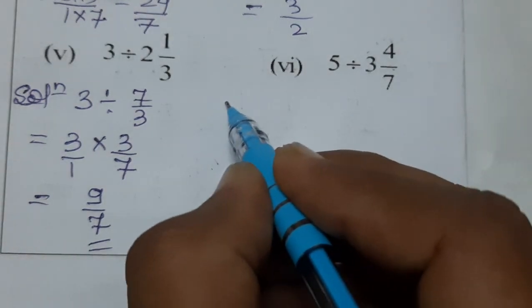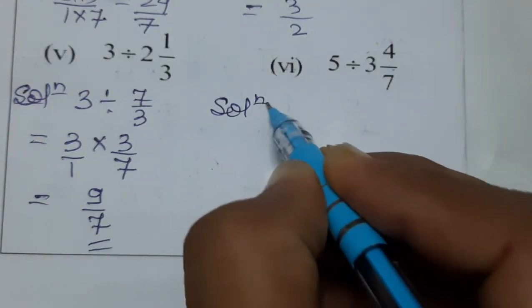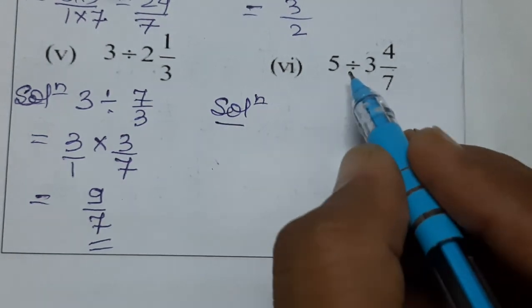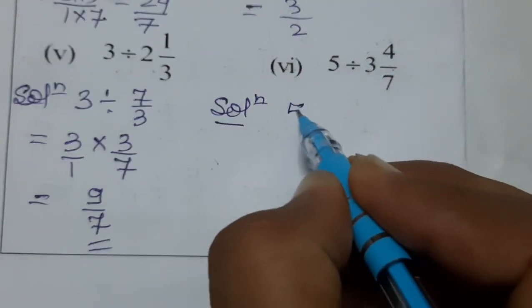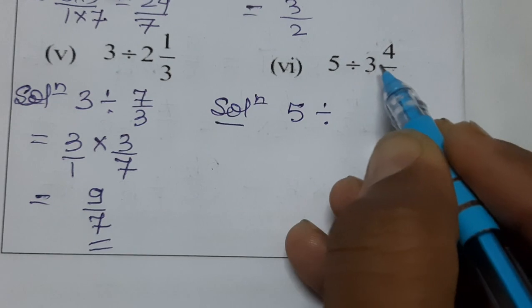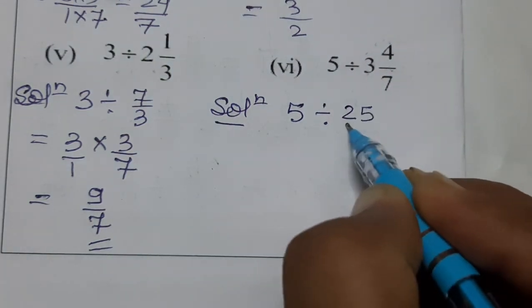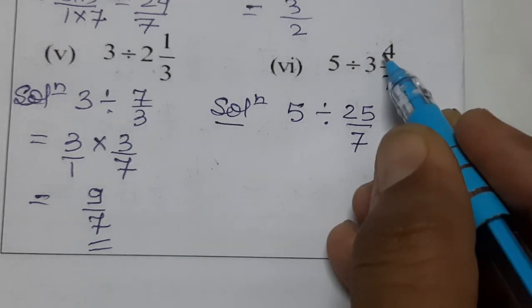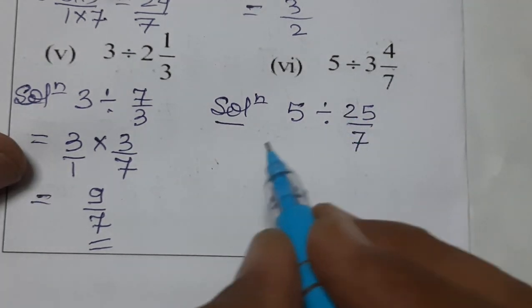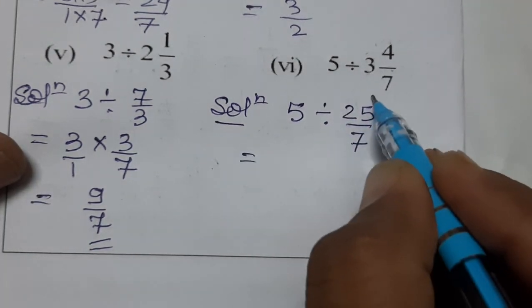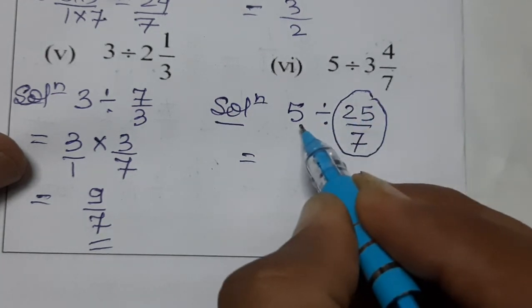Now once again doing the same type of question, whole number with mixed fraction. So 5 7s are 35... here 21, 21 plus 4, 25, 25 by 7. First convert mixed fraction to improper and always take reciprocal of right hand side. Don't take reciprocal of left hand side.